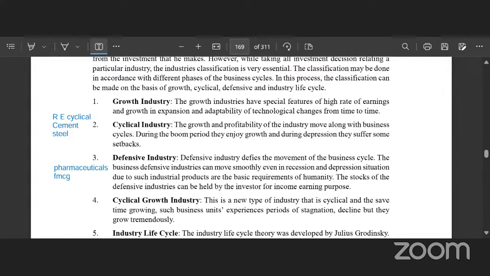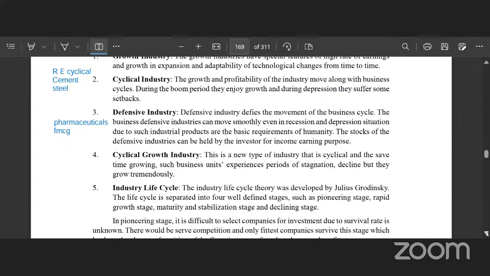Though the business cycle is in bad condition and may affect all industries, the defensive industries may not be affected to the same extent as the cyclical or growth industries. Generally, the defensive industries are insulated from the effects of the business cycle.